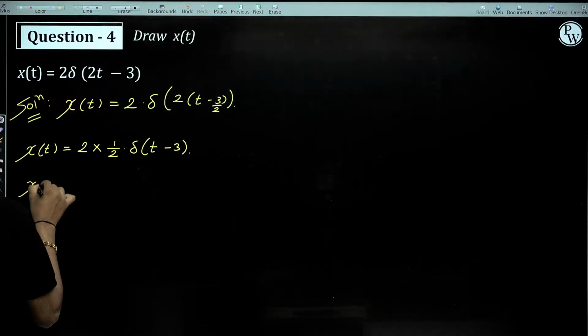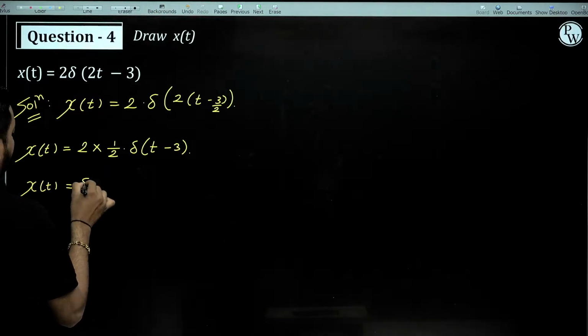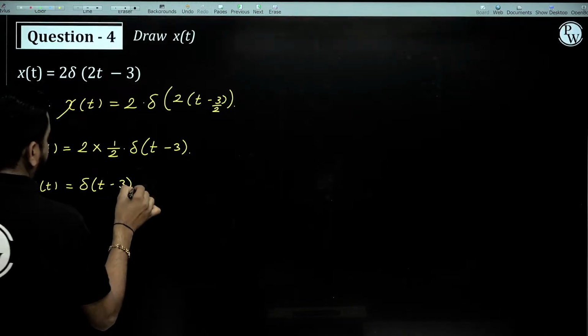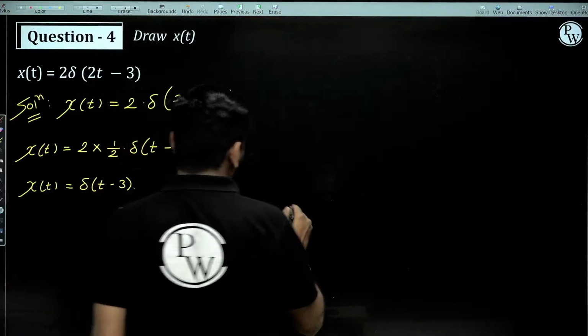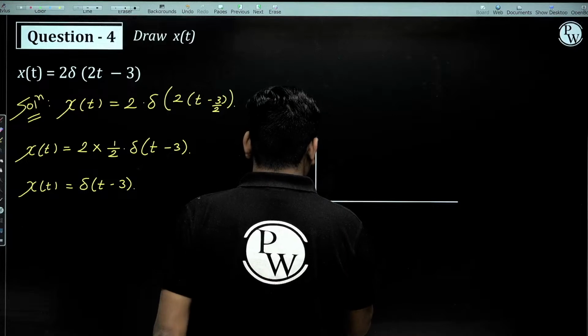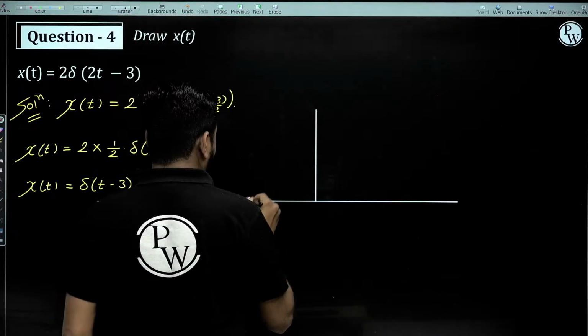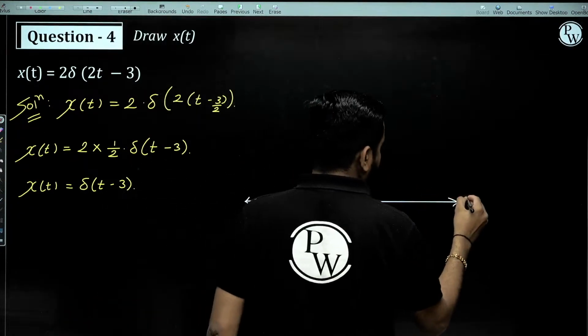So x of t is nothing but delta of t minus 3 by 2. This impulse has area 1. Amplitude is infinite, area is 1. Remember this thing.